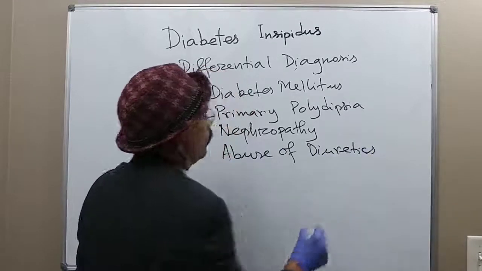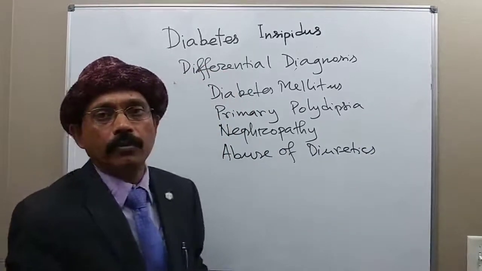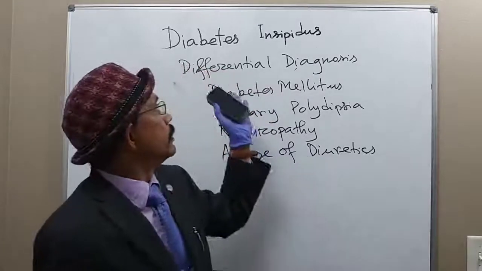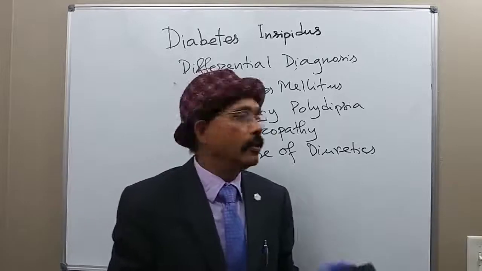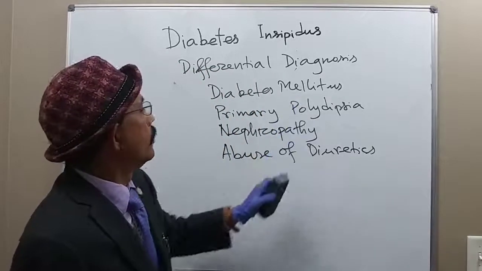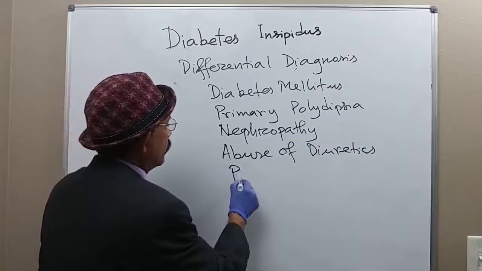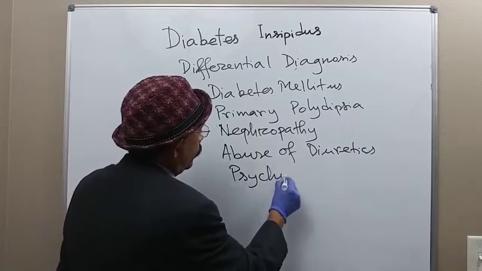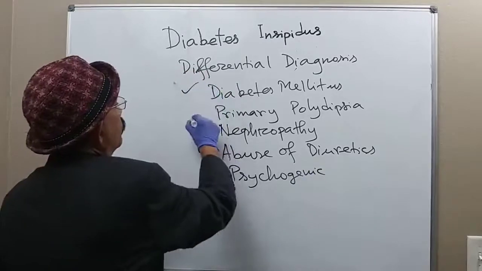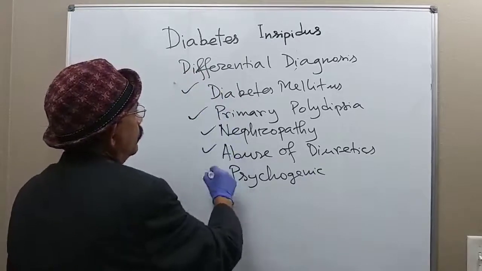Abuse of diuretics may also lead to diabetes insipidus-like features, polyuria, polydipsia, or it may be psychogenic. Differential diagnosis, we can take it out very easily.